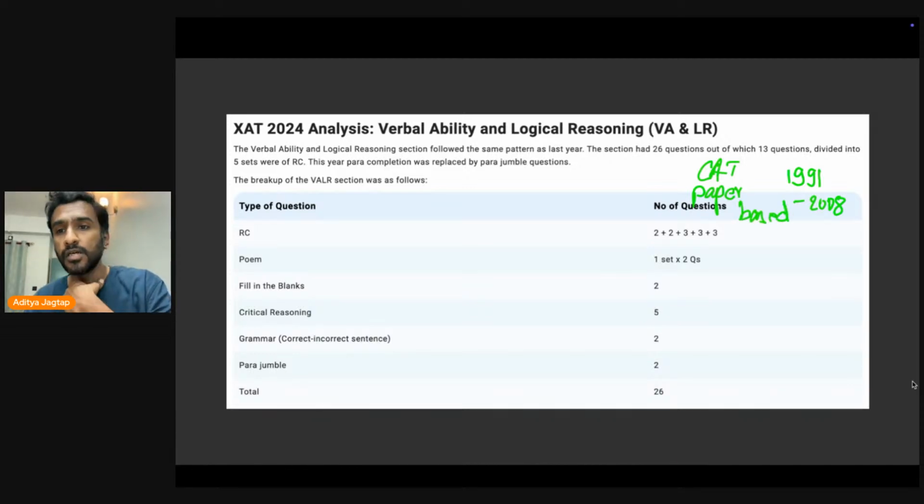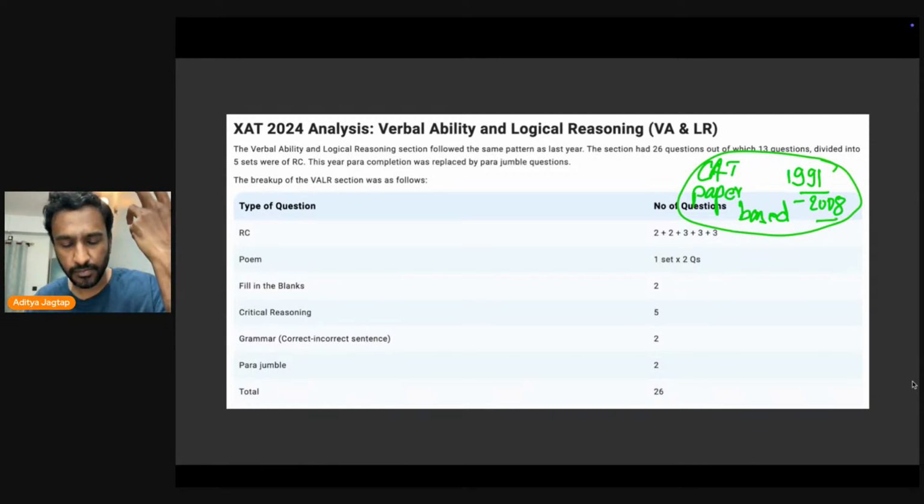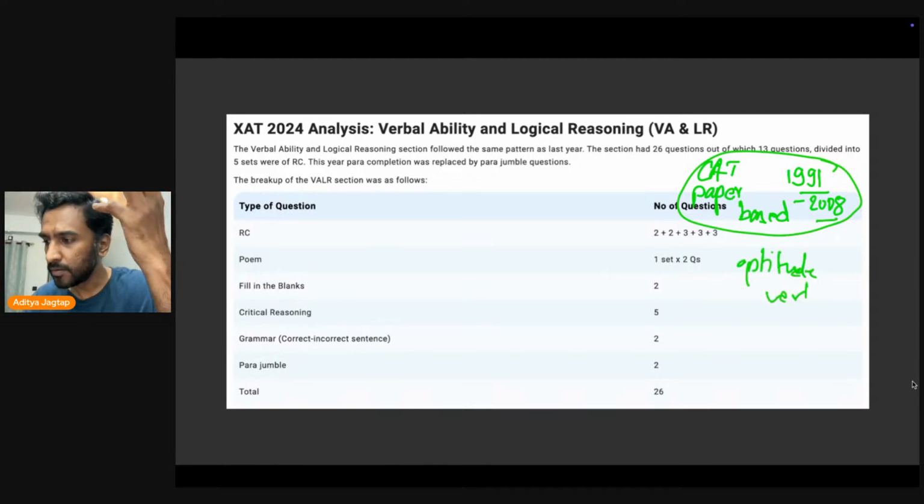The CAT papers, especially from 1991 till 2008, are sort of the foundational way to create these verbal aptitude papers. So most of the question types that you see here were originally asked in those papers.